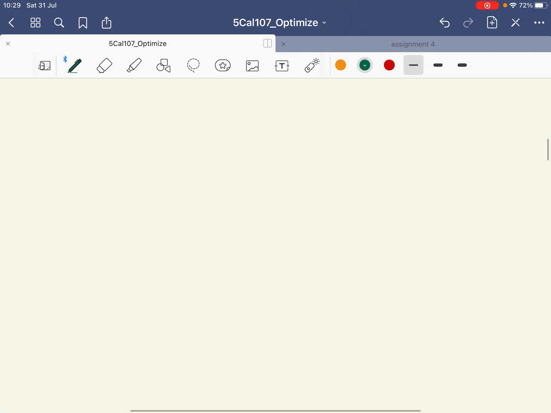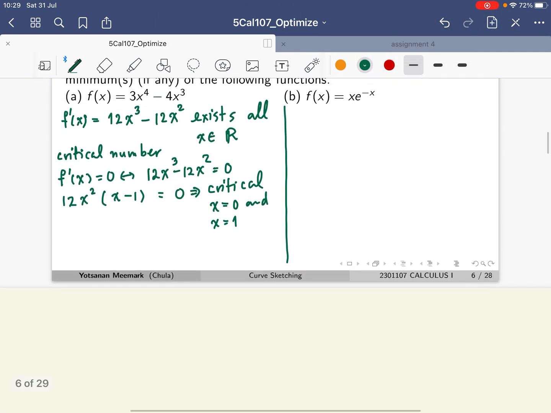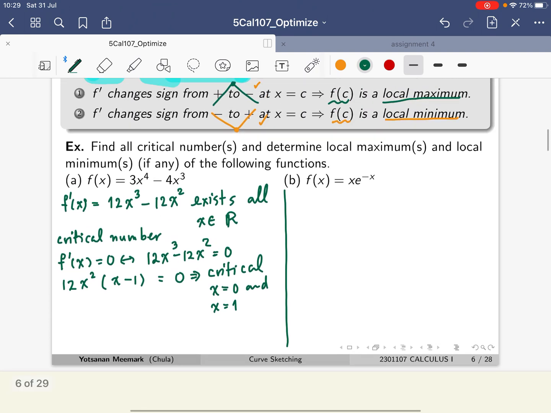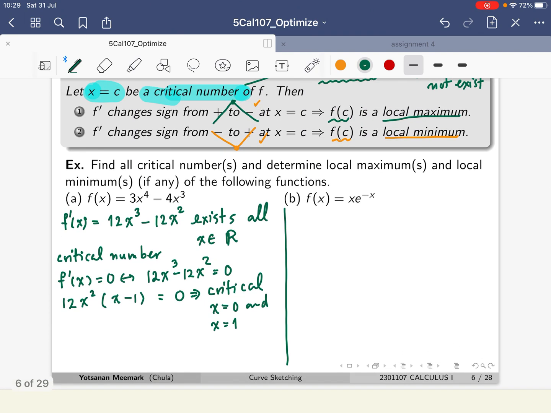So let me insert one more page. You got two critical numbers. Now to determine whether the critical number is really a local max or local min, you need to look for the sign of your f prime. So let's see, this is 0 and 1, and then this one is the sign of your f prime. Here's your f prime, right? So you need to look for the sign of your f prime.